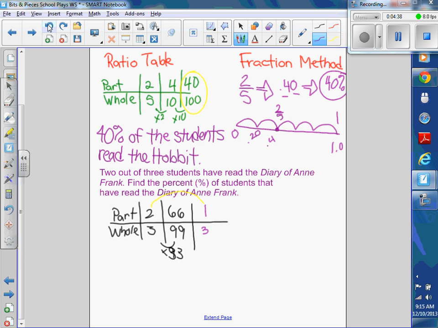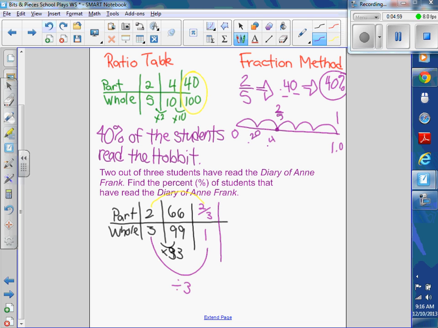Where do I want the 1? I want a 1 down here, don't I? So I have to divide by 3. Right idea. Got careless. So 2 divided by 3 is 2/3, right?